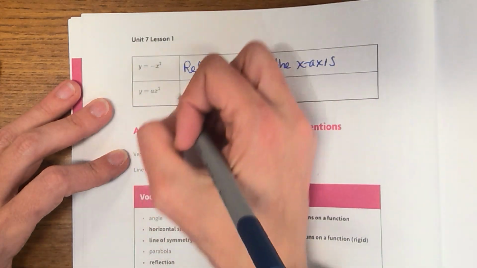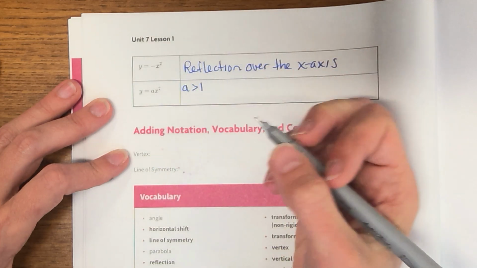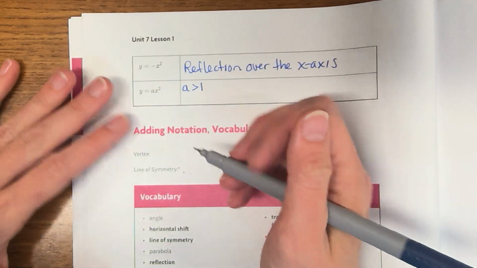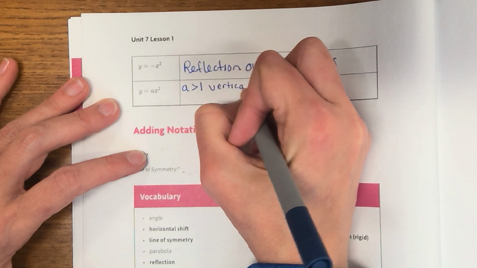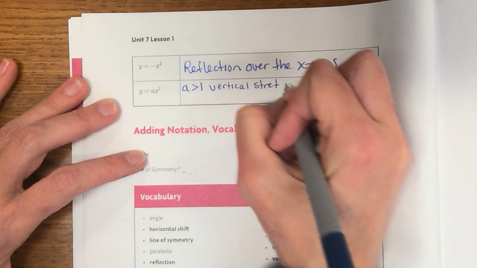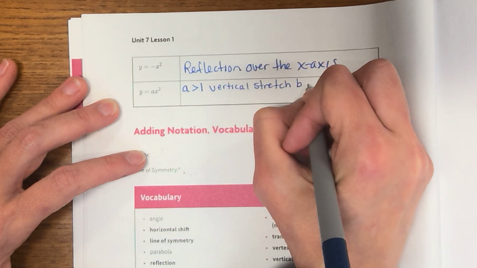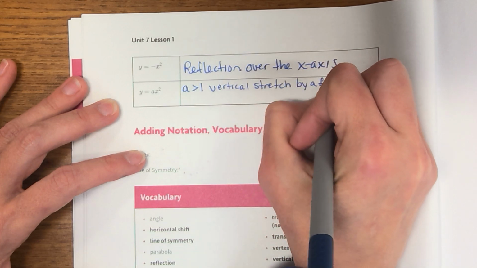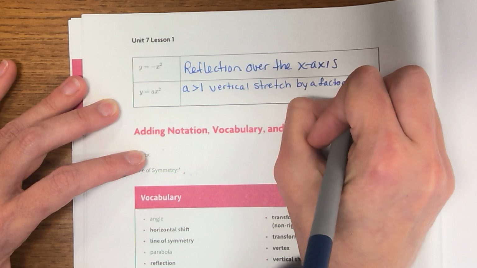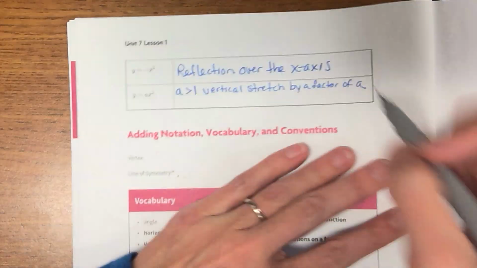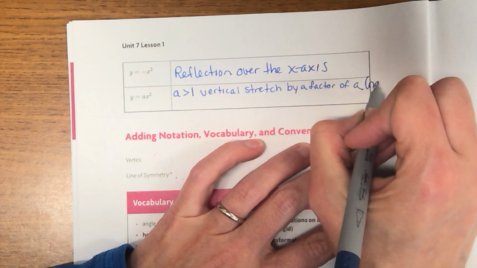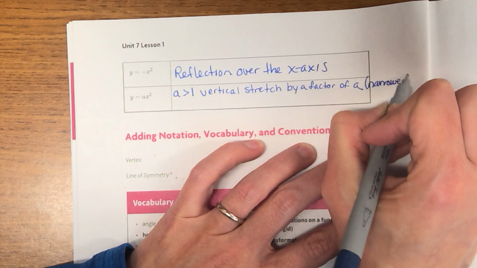And in this case, we're going to see a couple different things. If a is greater than 1, so we have a big number, 2, 3, 4, 2.5, anything like that, it's going to be a vertical stretch by a factor of a. Okay, that parabola, in this case, a vertical stretch, means that this is going to get narrower.